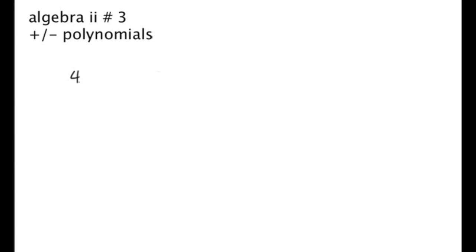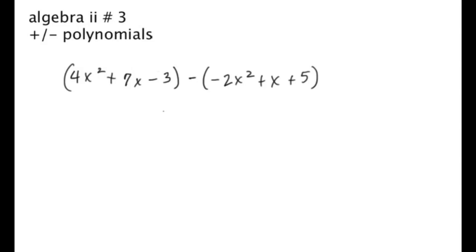So let's say we have parentheses 4x squared plus 7x minus 3, minus, let's say, negative 2x squared plus x plus 5, like so.